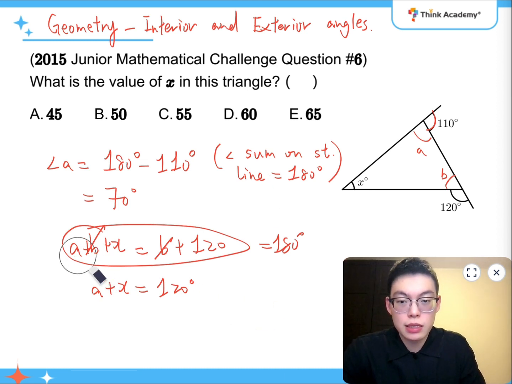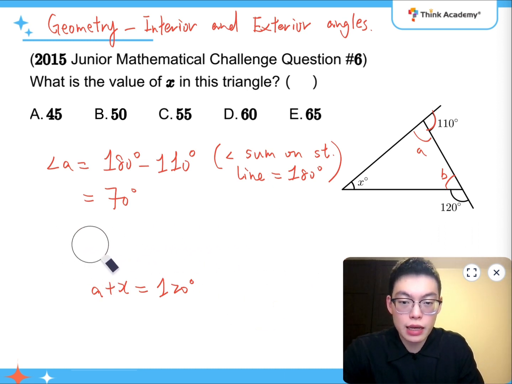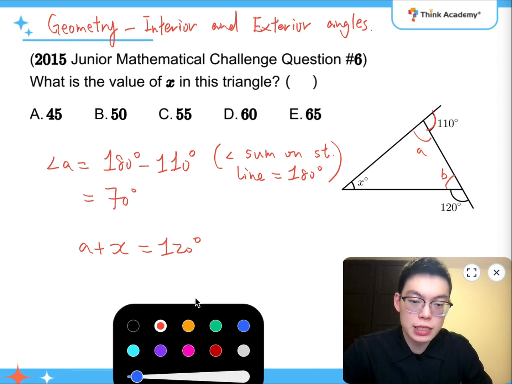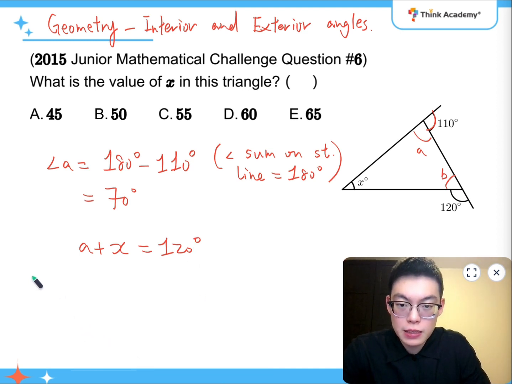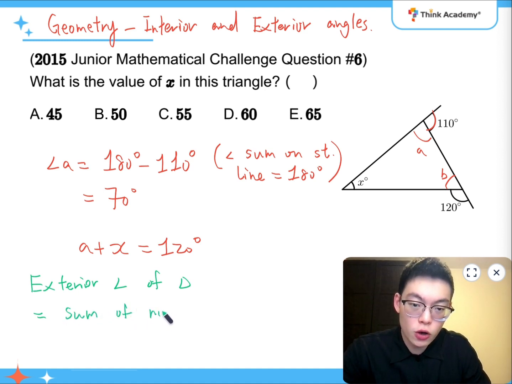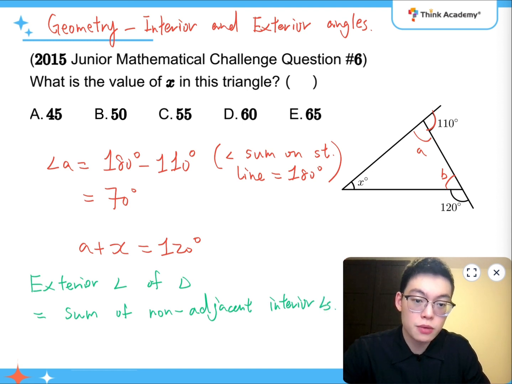So this is what we're doing. A adding X is 120 degrees, and that's because the exterior angle of a triangle is equal to the sum of the non-adjacent interior angles.